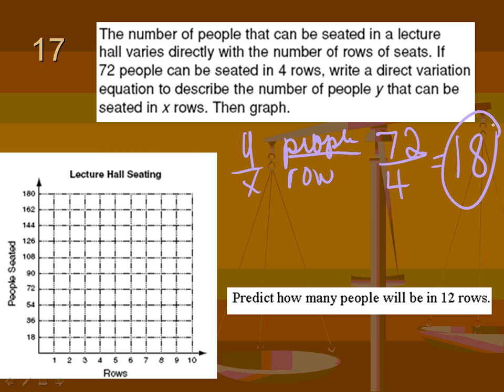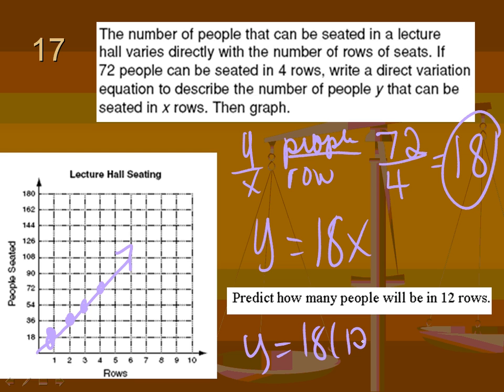This is my constant of variation, so y is equal to 18x. So 1 would give me 18, 2 gives me 36, 3 is 54, and so on. We would connect it and draw an arrow at the end of that. Now we have to predict how many people for 12 rows. So y is going to equal 18 times 12 rows, and we can have 216 people.